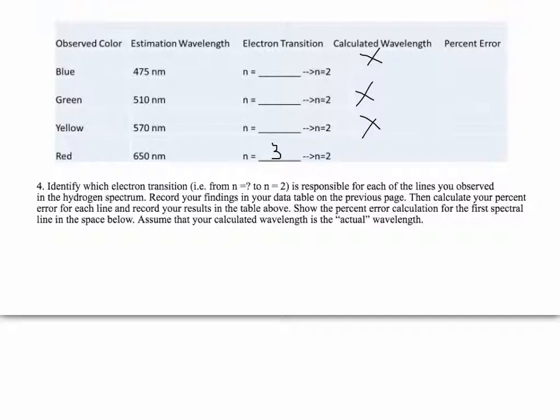We don't know that yet. So from the 3rd energy level, if an electron drops down to the 2nd energy level, what wavelength of light is going to be observed? 654 nanometers is actually what's observed. And so that would probably be the red light that we're seeing. And I'll show you how to do that.